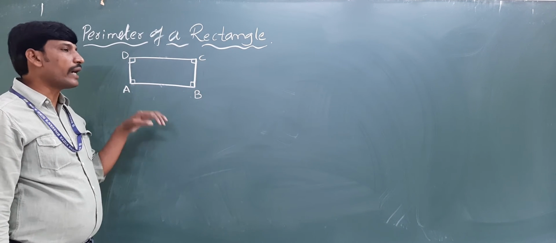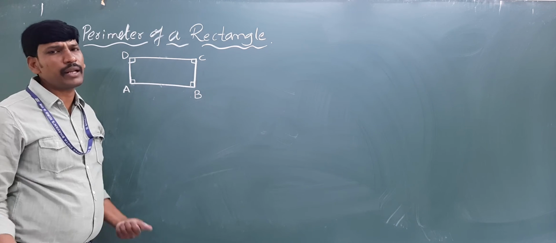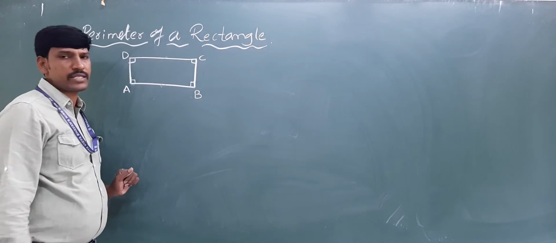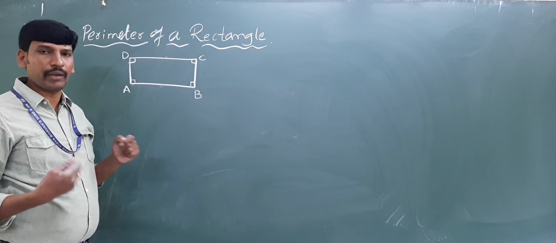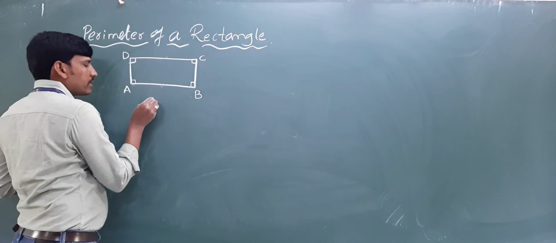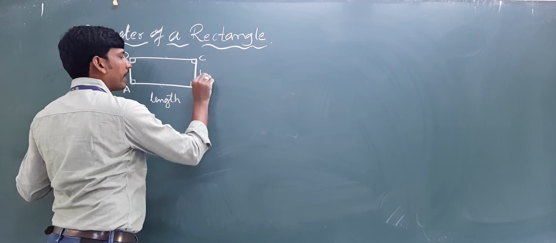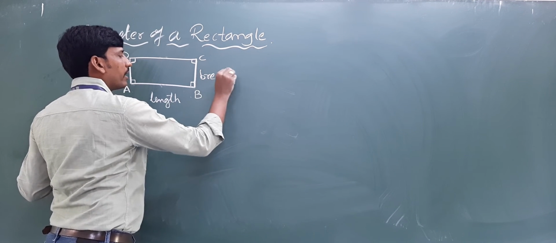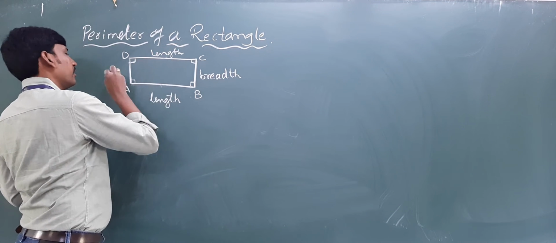Now, how to find the perimeter of a rectangle? Generally, perimeter means the sum of all the sides. So, by adding all these sides, what are we going to get? The perimeter. So now, we know that this is the length, this is the breadth, again length, again breadth.